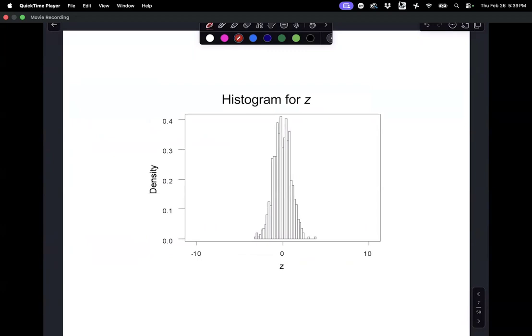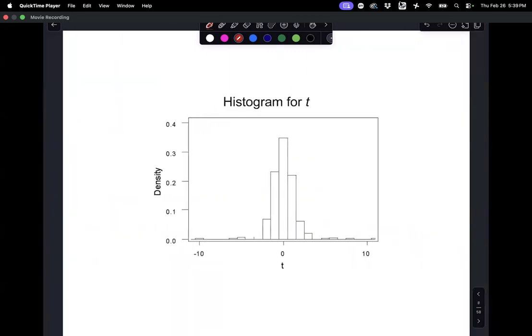So here's my histogram for z. It's nice and pretty. It's bell-shaped. It's all pretty compact right there around the middle. Here's my histogram for t. Notice with the t, we are more spread out in the tails here. It happens a lot because we have smaller sample sizes.